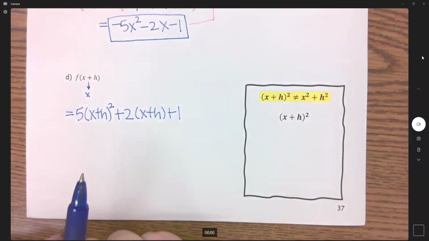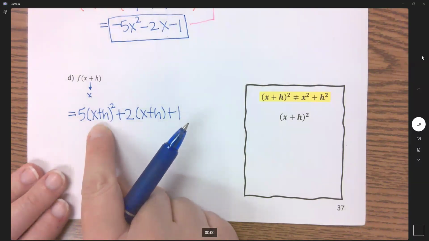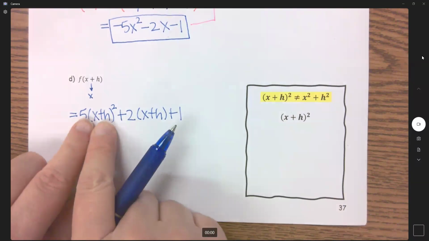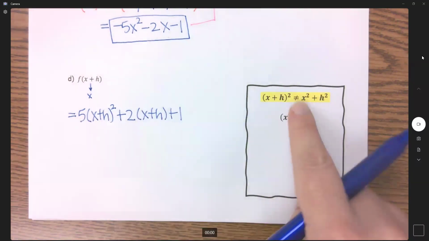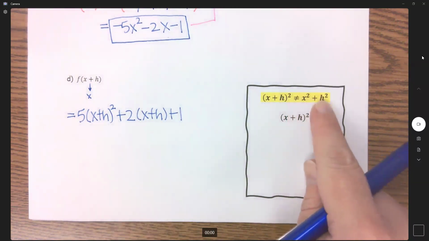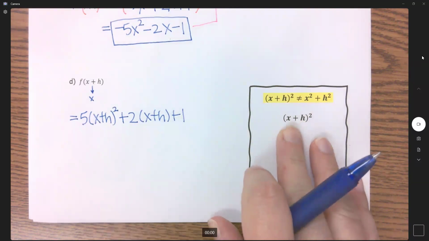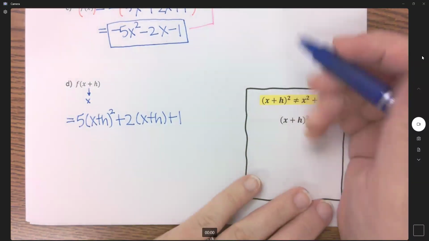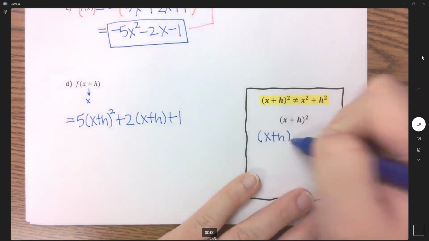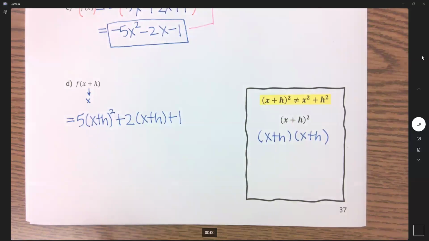To set us up nicely for the future, we're going to take our time on this (x plus h) quantity squared. And I have this over here. (x plus h) quantity squared does not equal x squared plus h squared. When we have (x plus h) quantity squared, what that is, is (x plus h) times (x plus h).